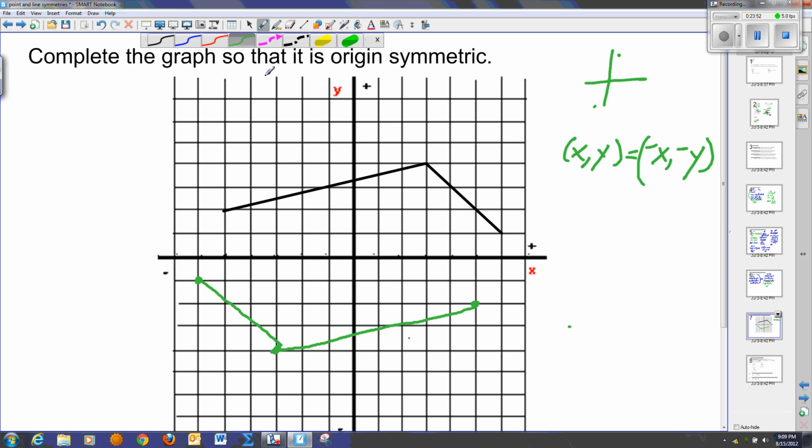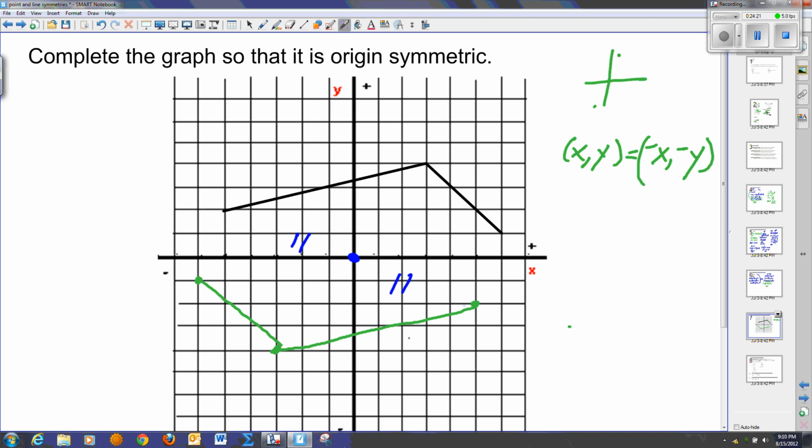And if I call this blue point right here my origin, then I would need to show that the segment from this point through the origin over to that point is bisected by the origin.